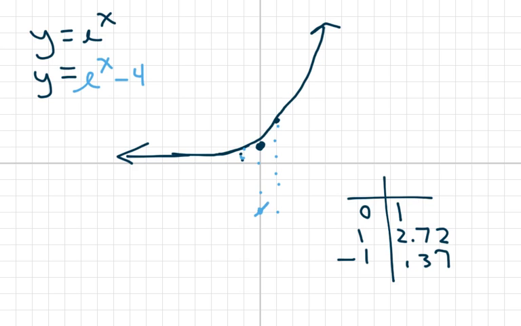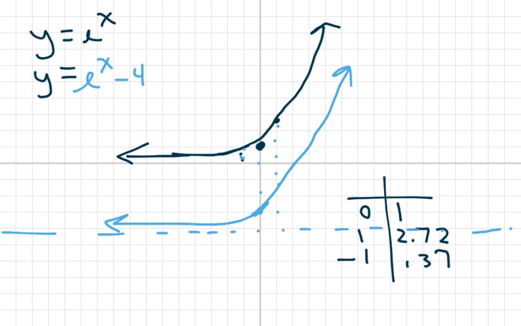So it's kind of close in here. You know I can't draw. Anyway, it's something like that. So your horizontal asymptote got shifted down. So your new horizontal asymptote is y equals -4.